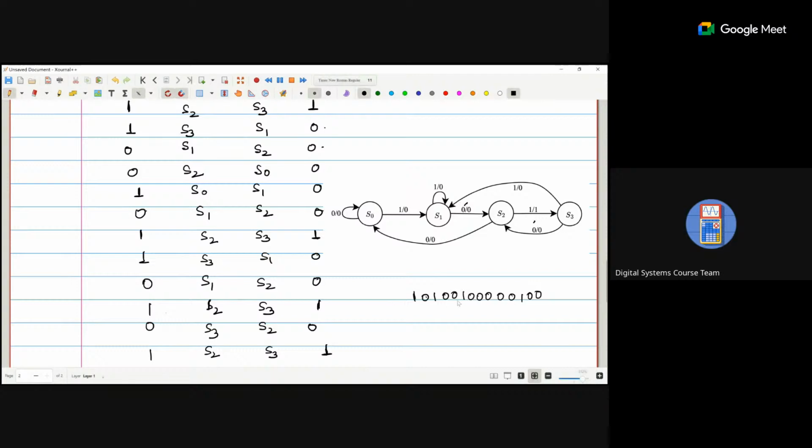So 1, 0, 1, 2 times 0. So if you see 1, 0, 1, 2 times 0, 1, then 5 zeros, 1, 0 and the last 2 zeros. This is the correct answer.